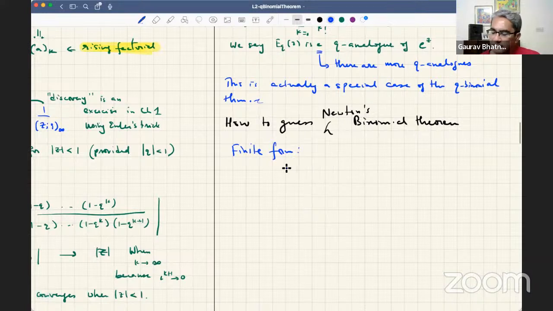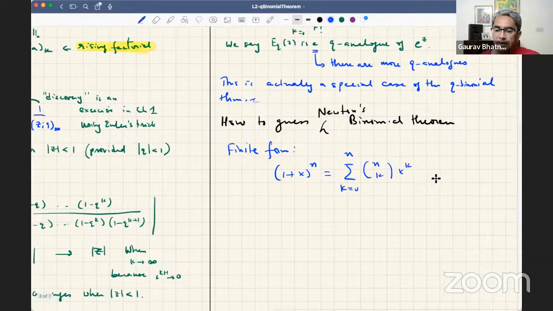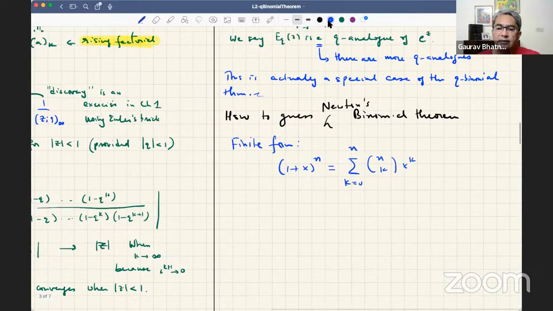But at present, let's just take it for granted. n choose k, x to the k. So here n choose k is equal to n factorial over k factorial times n minus k factorial.